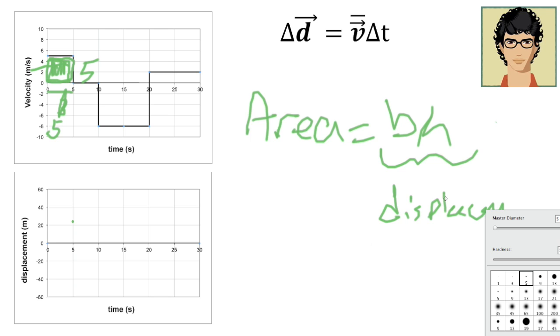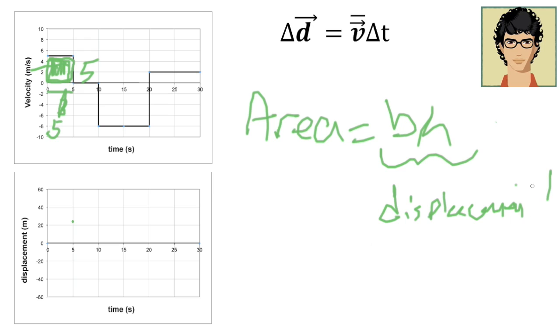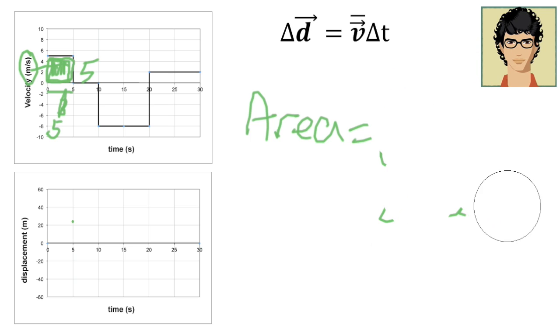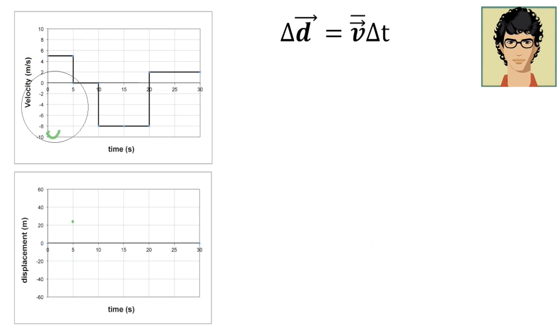And the reason is because of the units. If we look at our axes, over here, velocity, the height is meters per second, so that's the height. So we have meters per second over here, and the base is in seconds, and that's over here. So base times height, units cancel out, gives us meters, which is the stuff that we want. Okay, so that's all good. Now we've got not only slope giving us information, the rise over the run, but sometimes area does as well, which is really pretty interesting.